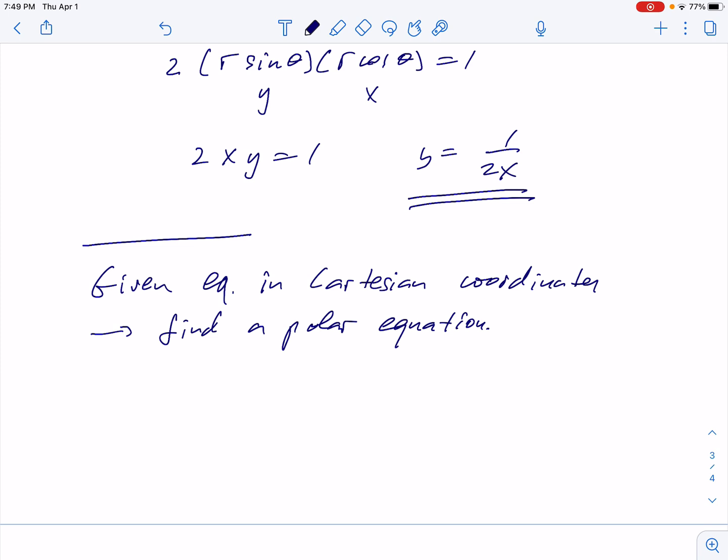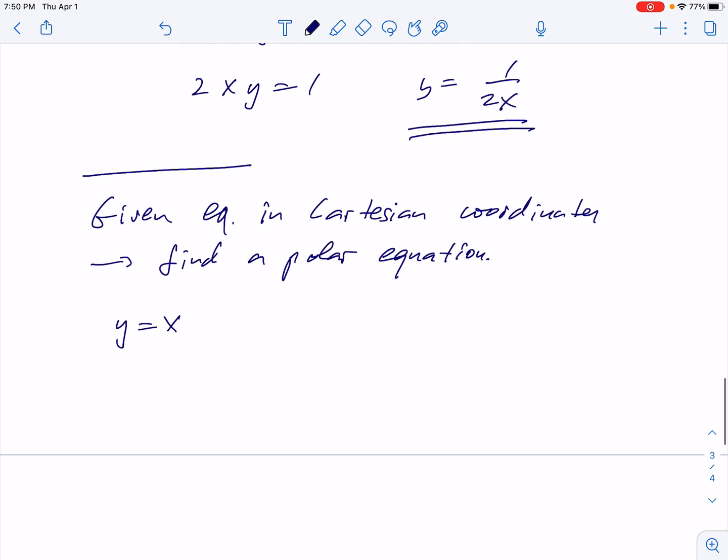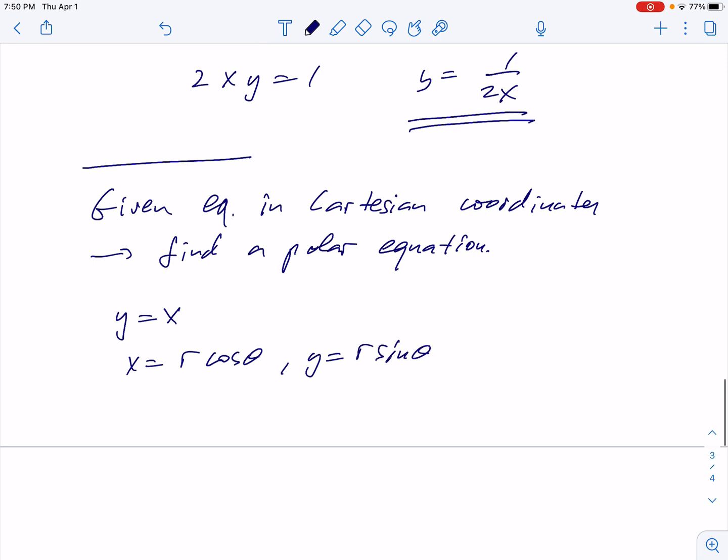Let's start from something very simple. Let's take the line y equals x. That's the bisector of the first quadrant and the third quadrant, a very simple line. What will be the polar equation for this? So we know the basic equations, we start from them. x equals r cosine theta, y equals r sine theta.